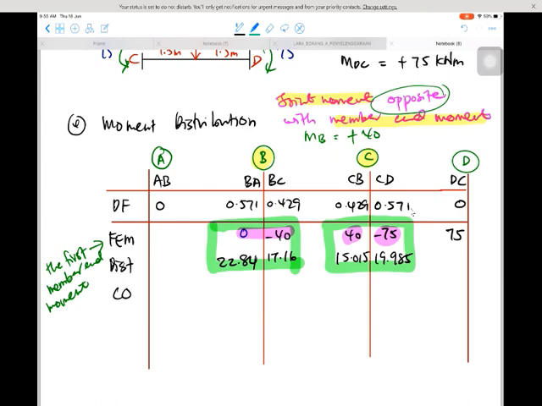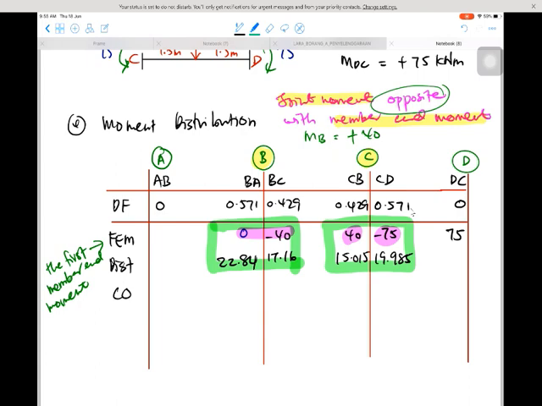MC is equal to 0 and MB is equal to 0, because at the roller support, at B and at C, moment is equal to 0. So we have settled the first part in the analysis.